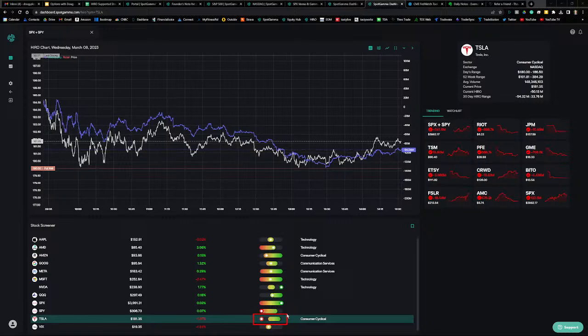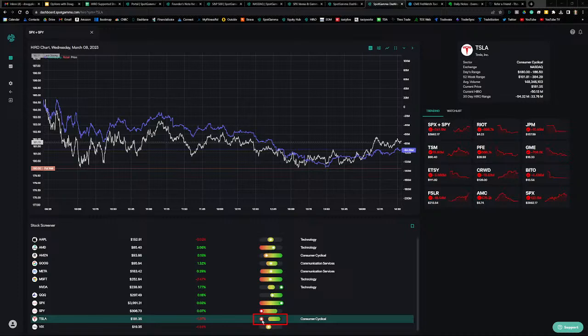This is comparing the strength of the Hero signal in the last 30-day range, shown by the entire length of the slider, and then the colored portion is the strength of the Hero signal in the last 5 days.